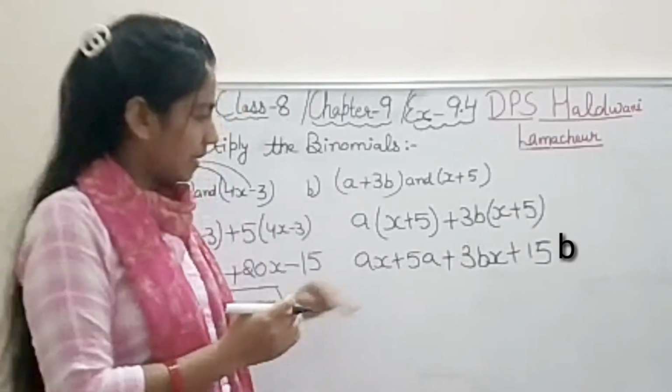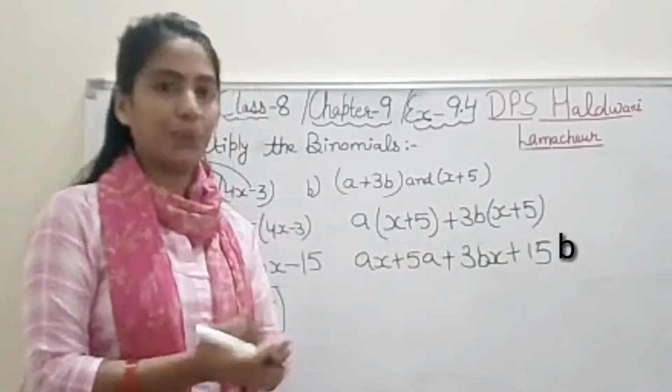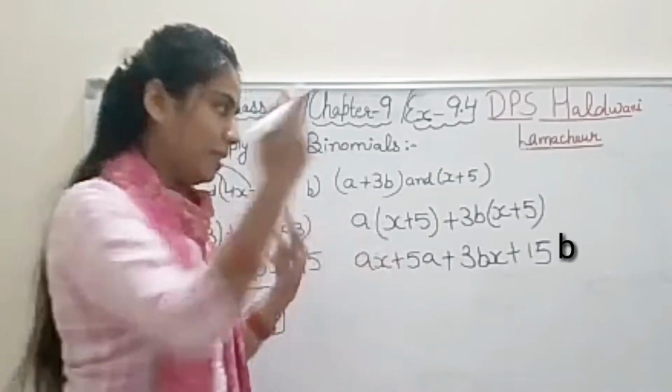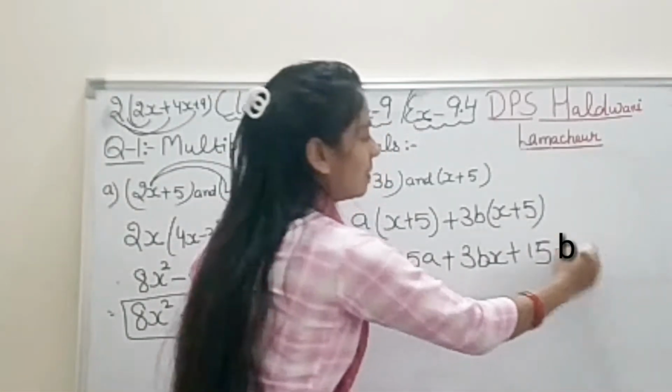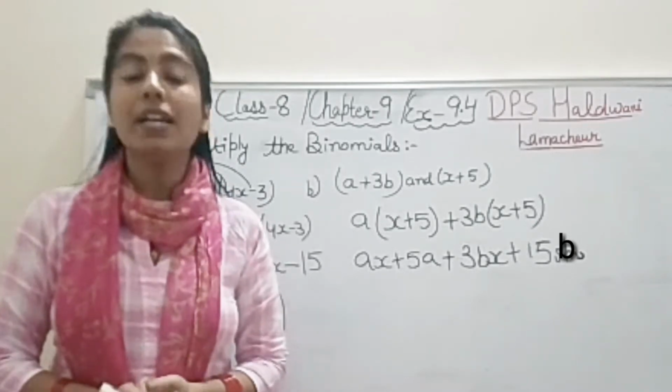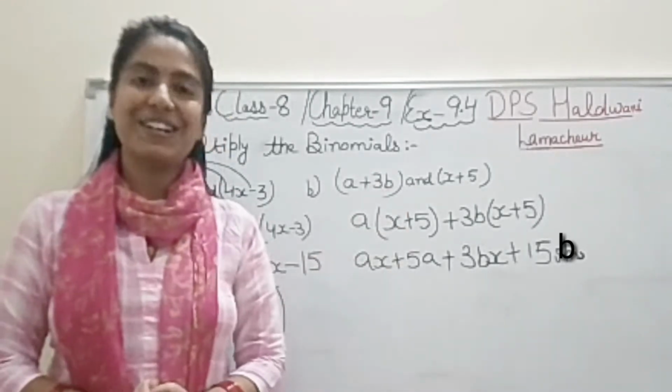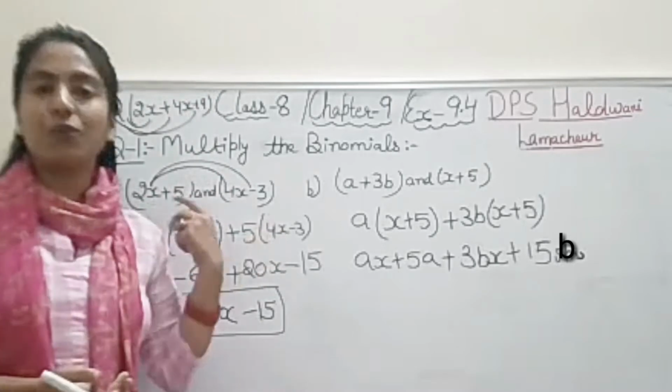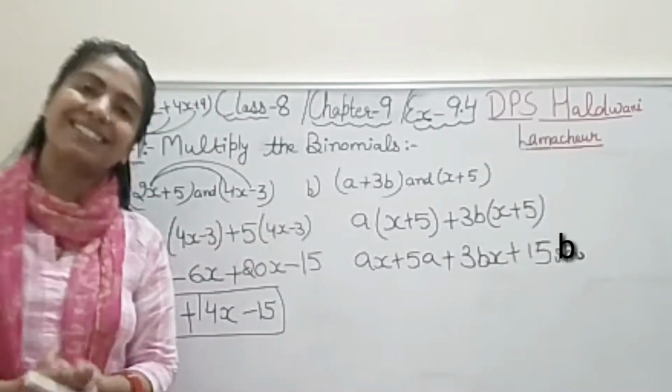Now students see, all terms are different only. No like terms we have. So it means this is only the answer. That's it student. Solving the question, be vigilant about the signs. So these two parts of question number 1 are done, coming to our next part.